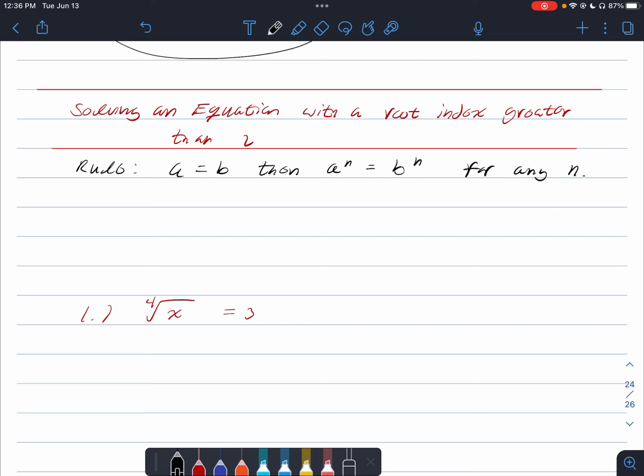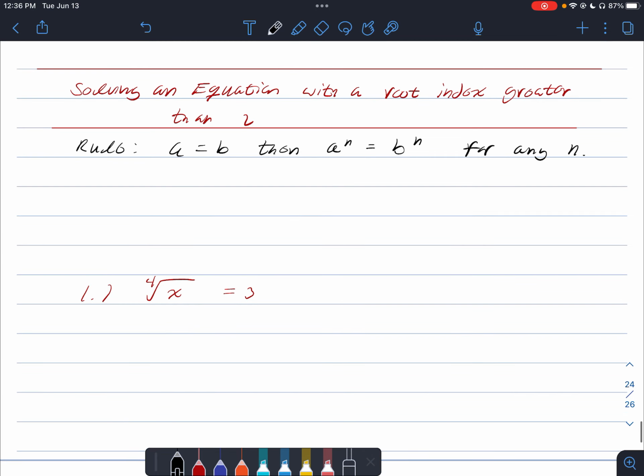Okay, that's a good little rule to note here. And we're going to generalize our previous rule. We said before that if we have to square both sides, we have to check our solution. Really, what we're going to say here is raising both sides of an equation to any even power means we're going to have to check our solution.